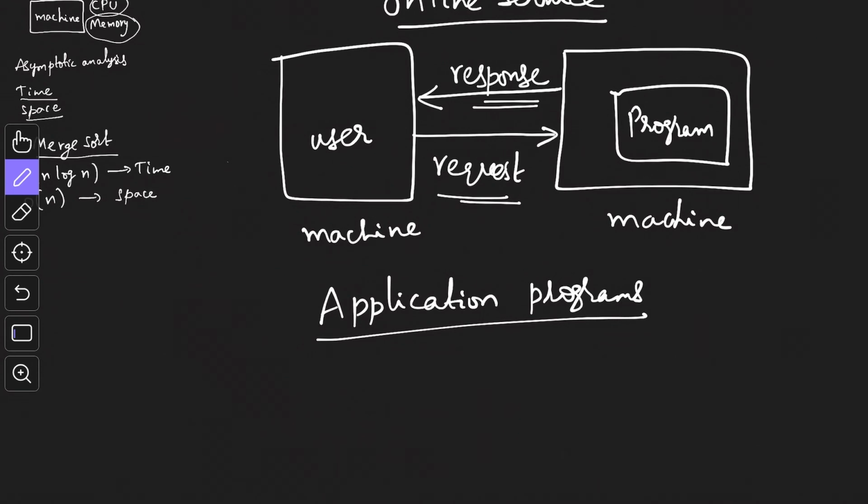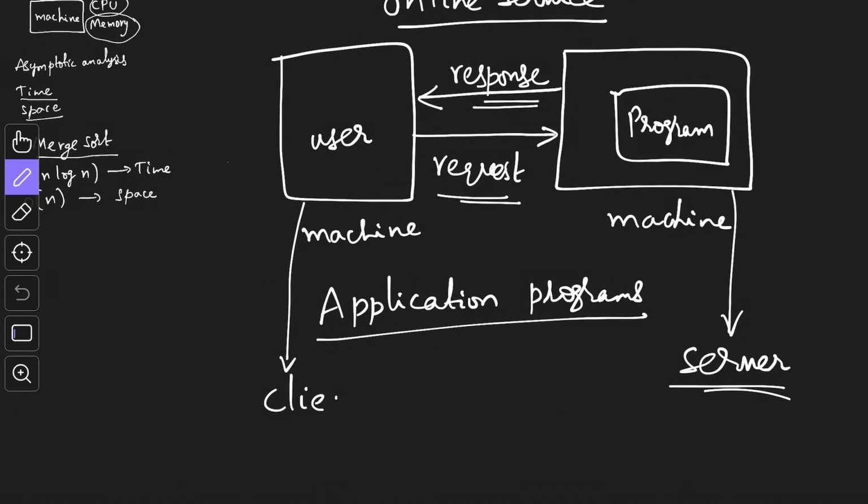The machine that runs our program or online service is called a server. The user machine that sends the request is called a client.